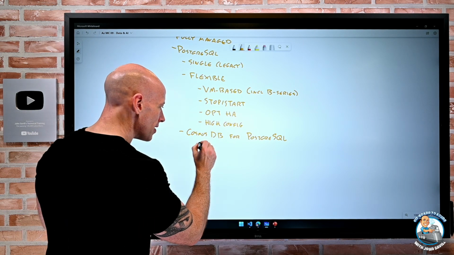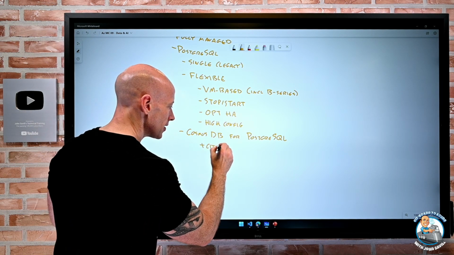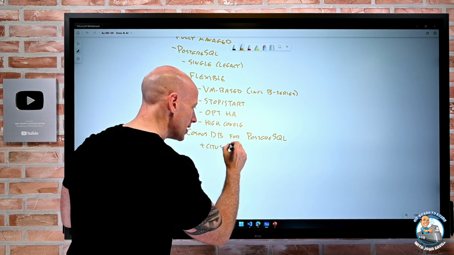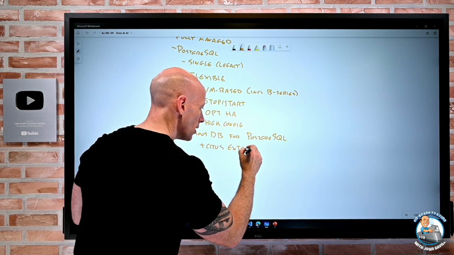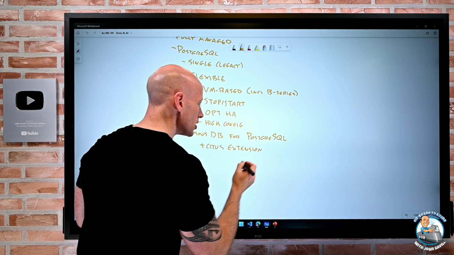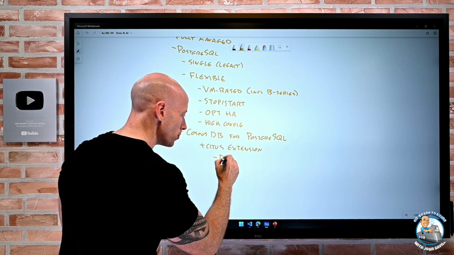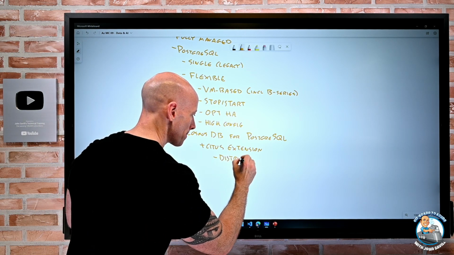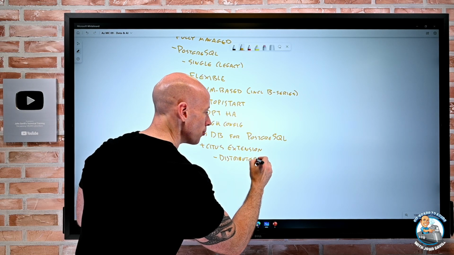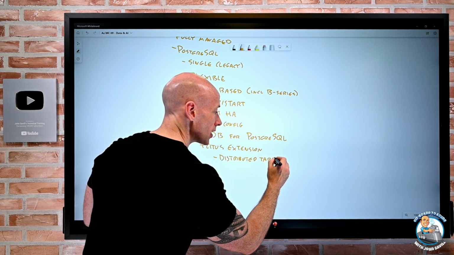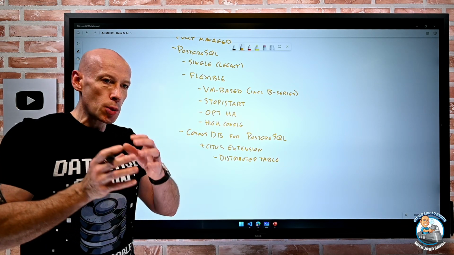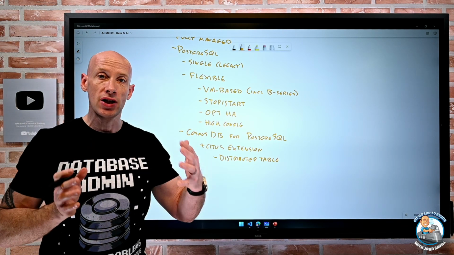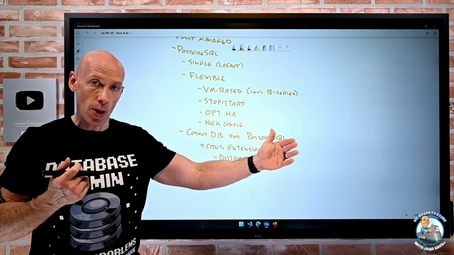So the big deal here is it adds the Citus extension, another open source component. And what the Citus extension does is it adds the idea of distributed tables. A distributed table, remember we talked about partition keys. It's going to let me spread the data over different partitions, over different instances of Postgres.